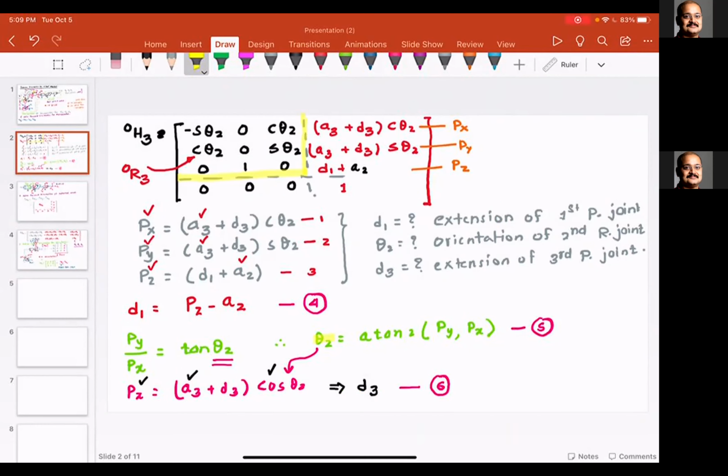Are you with me so far? Since from step 2 we found the value of theta 2, I can plug the value of theta 2 into 0R3, and my 0R3 will be completely known.